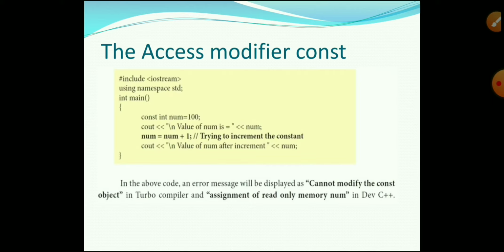They are trying to increment that constant value, but no change will happen. Whenever you execute the program, the value is 100 only, with no increment. This is called the access modifier constant.